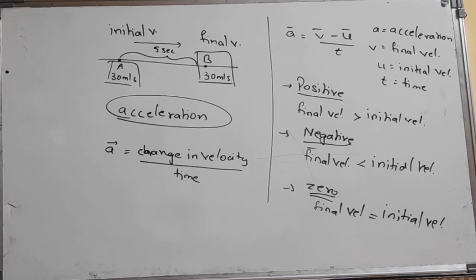Acceleration is of three types: positive acceleration, negative acceleration, and zero acceleration. In positive acceleration, the final velocity is greater than the initial velocity. In negative acceleration, the final velocity is less than the initial velocity, and in zero acceleration, the final velocity is equal to the initial velocity.